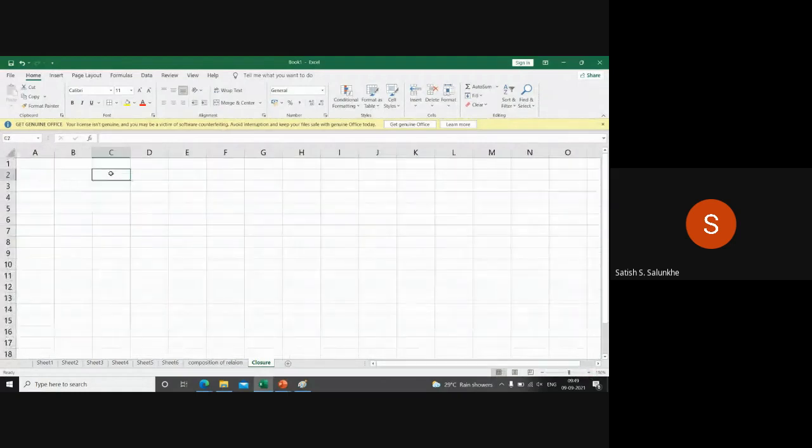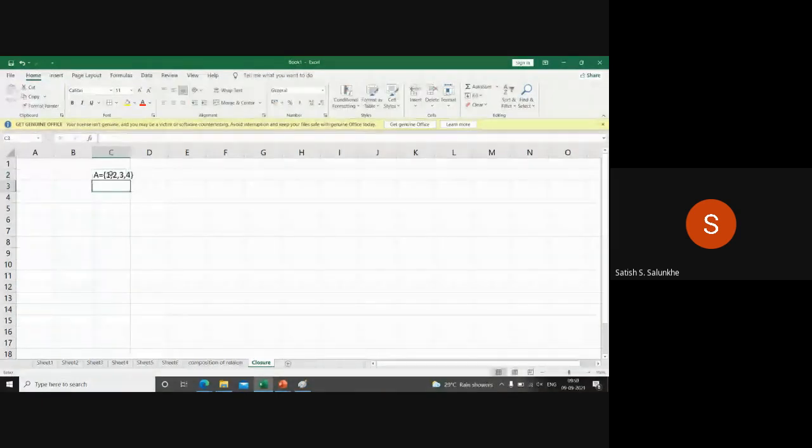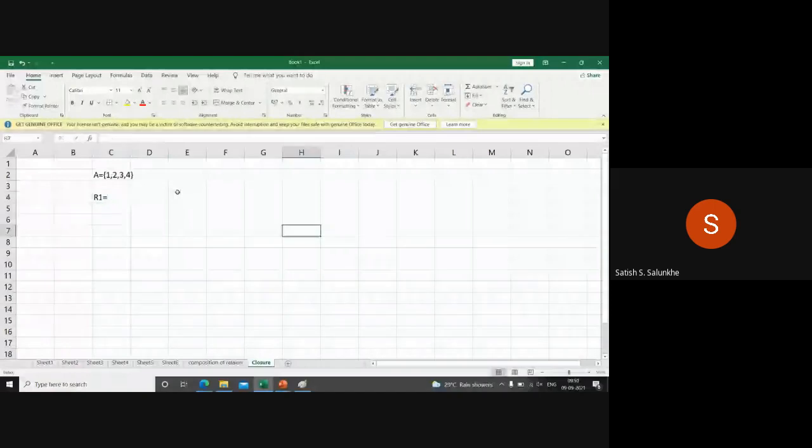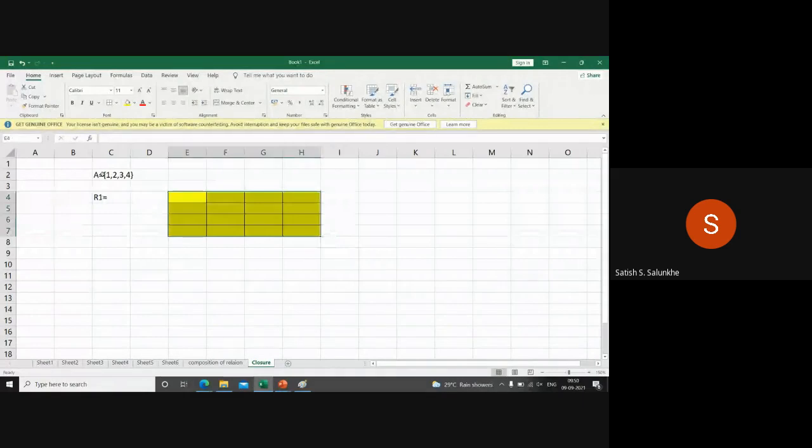So let us assume set A is {1, 2, 3, 4}, okay, and there is relation R1. I am just representing in terms of matrix now, quickly, to speed up the operation. This is your R1 from A to A, okay.